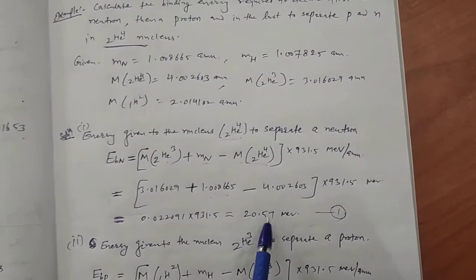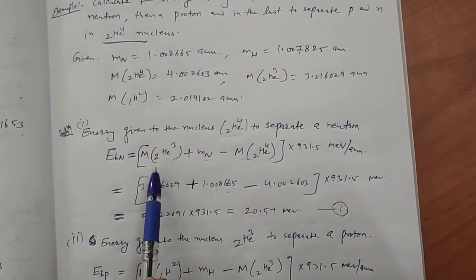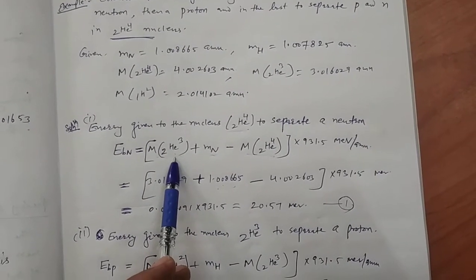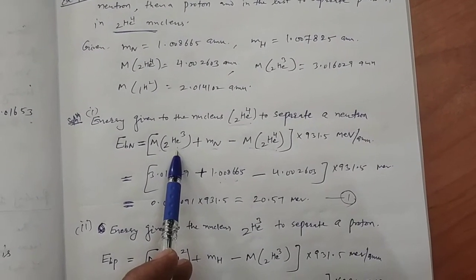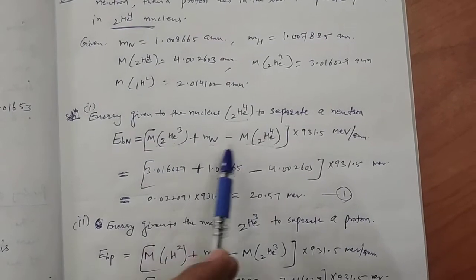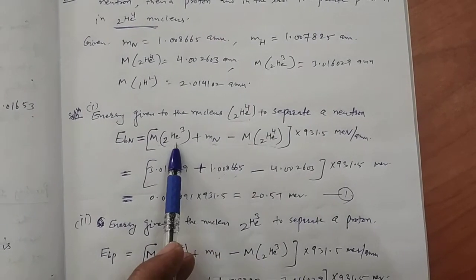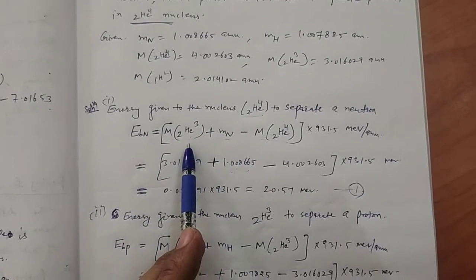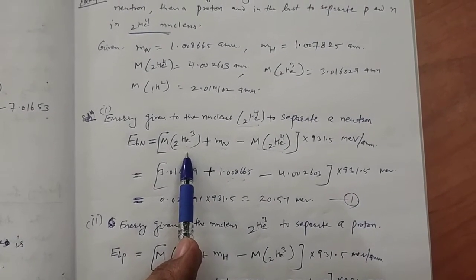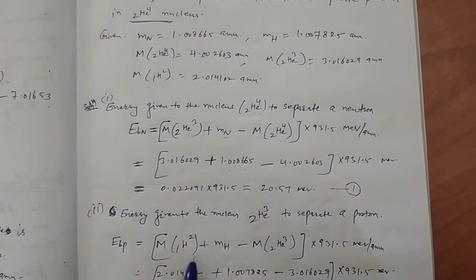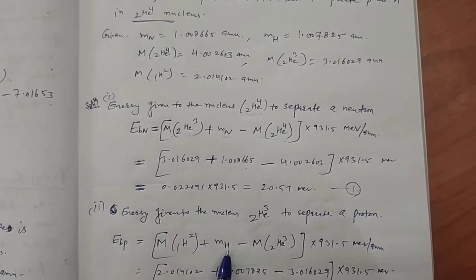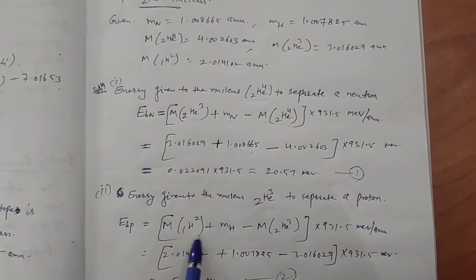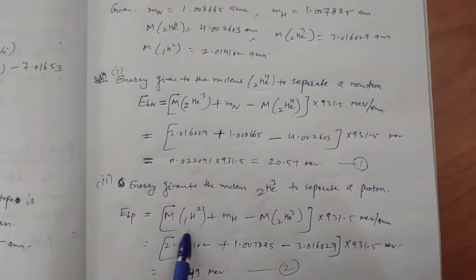Now the remaining nucleus is 2He3, because one neutron has been removed. From this we want to remove one proton. This is the remaining nucleus after removing one proton.